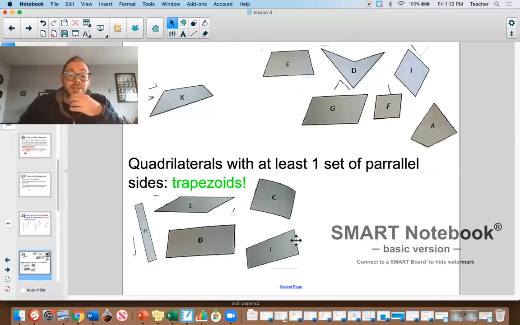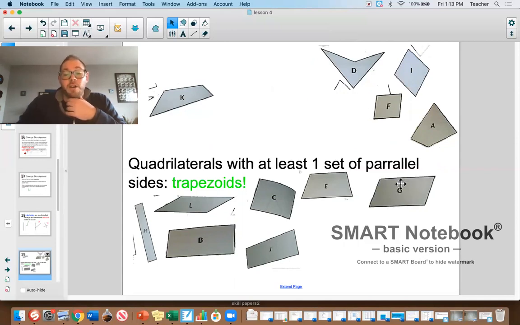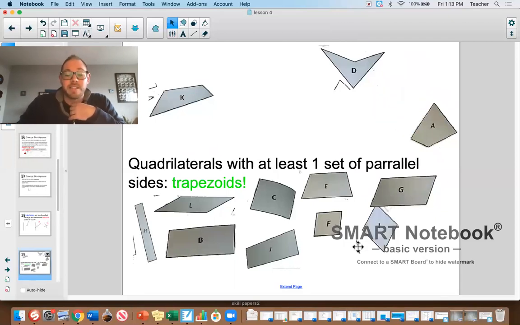This side and this side are parallel. E definitely has 2 parallel sides, the top and the bottom lines. G has a lot of parallel sides, the top, the bottom, the left, and the right. F definitely has a lot of parallel sides, the top and the bottom, and the left and the right. I has a lot of parallel sides too, this side, and this side, and this side, and this side.